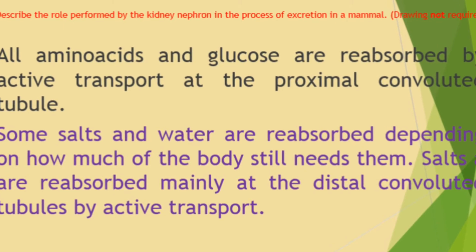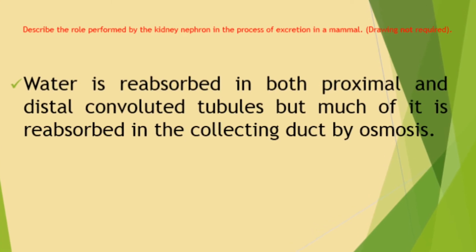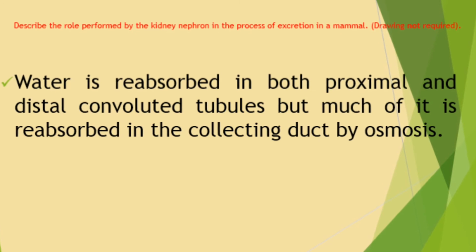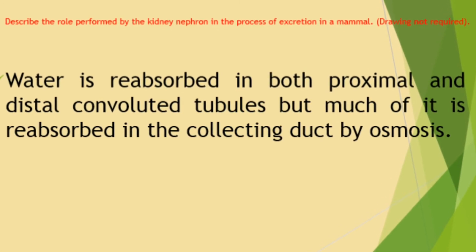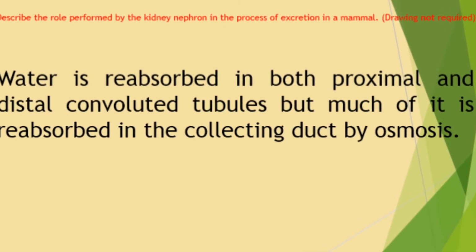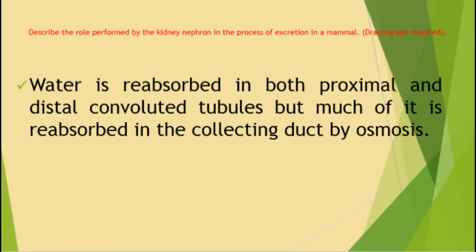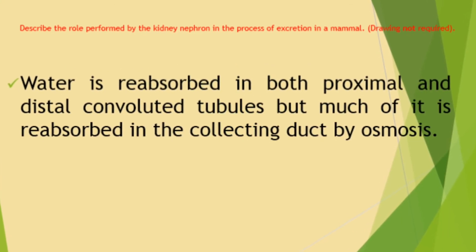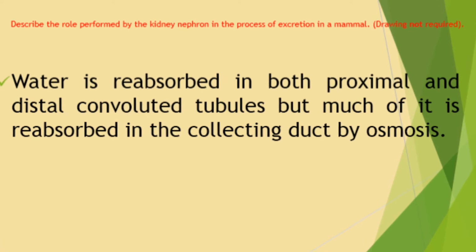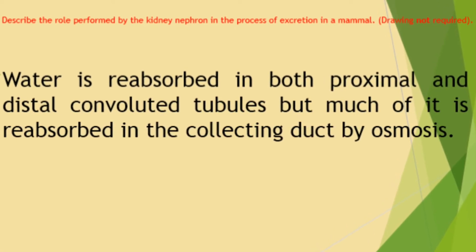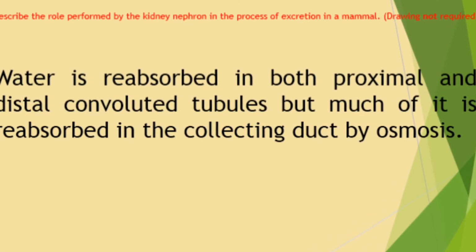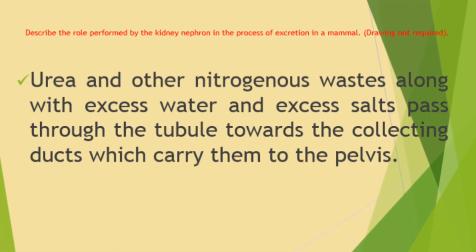Besides that, water is reabsorbed in both proximal and distal convoluted tubules, but much of it is reabsorbed in the collecting ducts, this time by osmosis. In the other cases we were seeing active transport taking place, but here it is absorbed by osmosis.